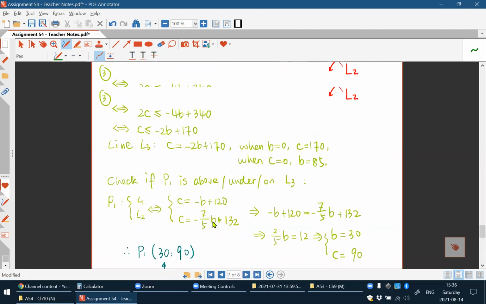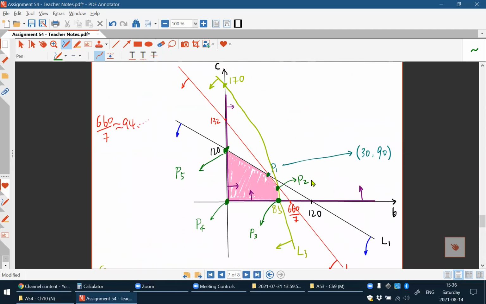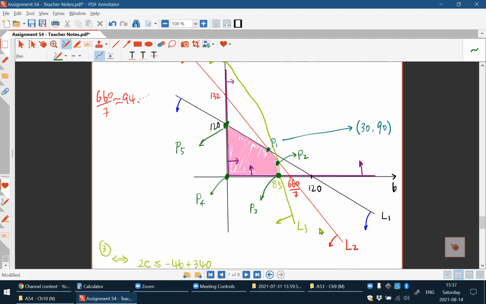P2 is the intersection point between the green line here, which is L3, and the red line, L2, right?